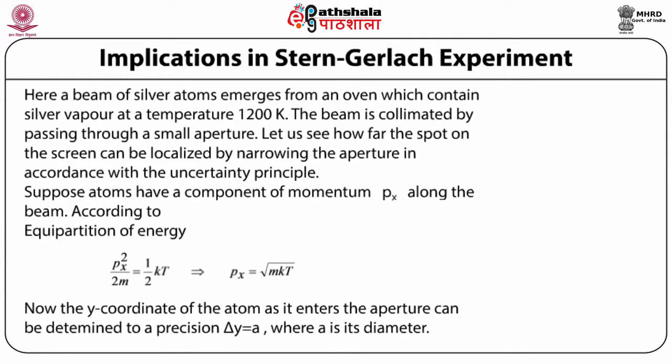That means that the kinetic energy of the beam of silver vapor atoms is given by this relation, where px is the momentum along the x direction, m is the mass of the silver atoms, k is the Boltzmann constant, and T is the temperature, and half kBT gives the average energy according to the equipartition theorem.